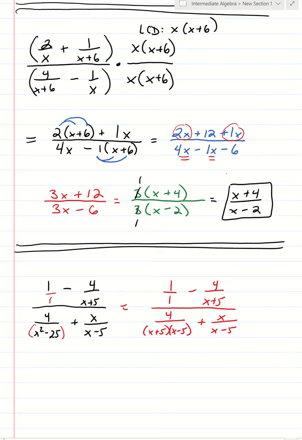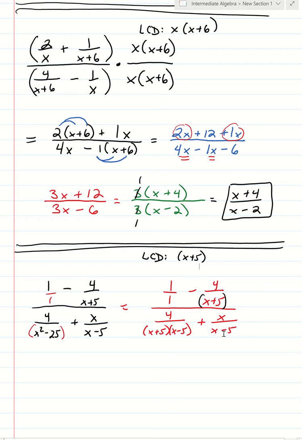Okay, so let's do that. The lowest common denominator is made up of each different factor that's in the denominator. So we have a denominator of 1, but we don't really need that because multiplying by 1 is not going to affect it. I have this denominator of x plus 5. It's the same as this denominator of x plus 5, so we're not going to repeat it.